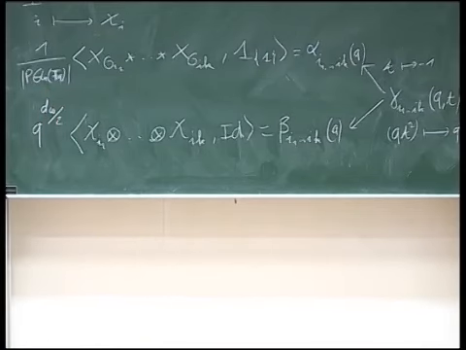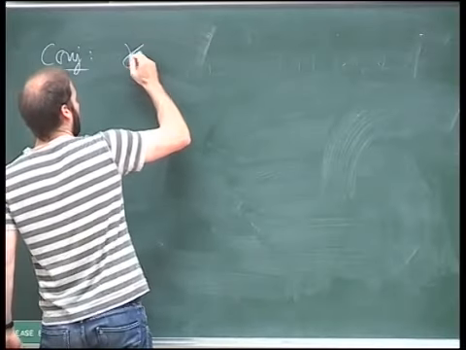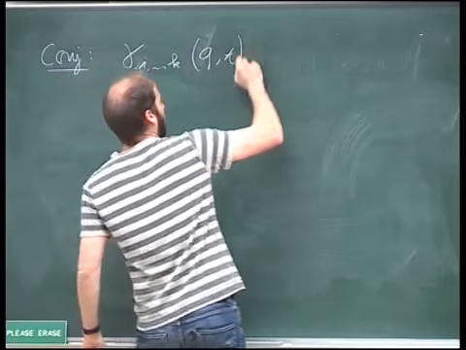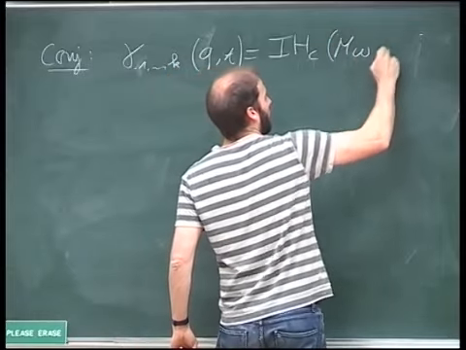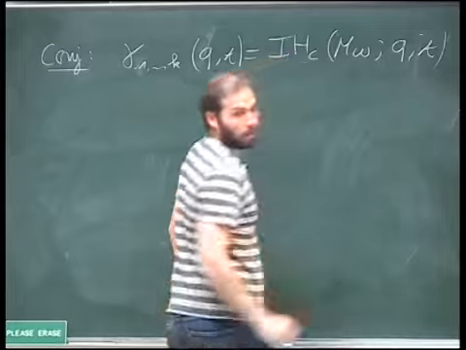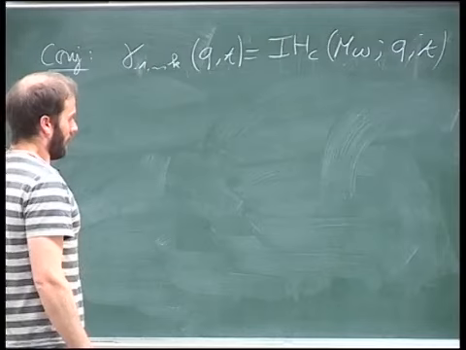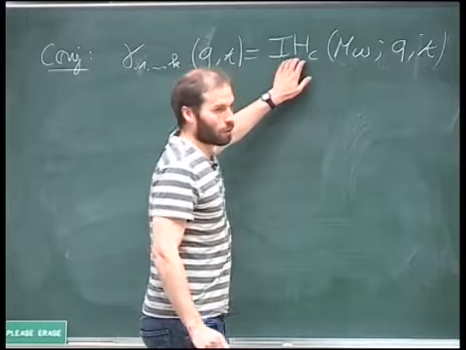And then the conjecture says that this gamma 1 k of qt is equal to this Hc of m omega qt. So I will discuss a little bit about this conjecture in a moment.